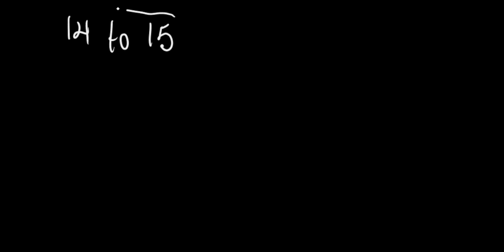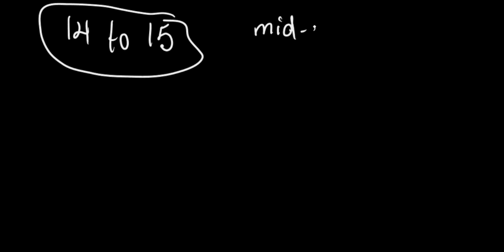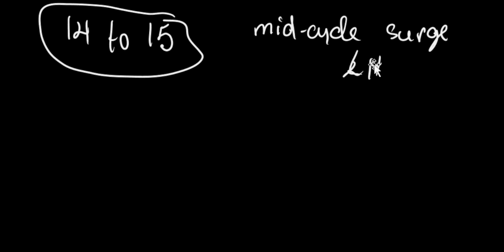Because on day 14 to day 15, there is what we call a mid-cycle surge of the luteinizing hormone. It's called the mid-cycle because we're considering the 28 day menstrual cycle. Half of 28, mid of 28 would be 14. So day 14, day 15, there's a mid-cycle surge of the luteinizing hormone, and this leads to ovulation.